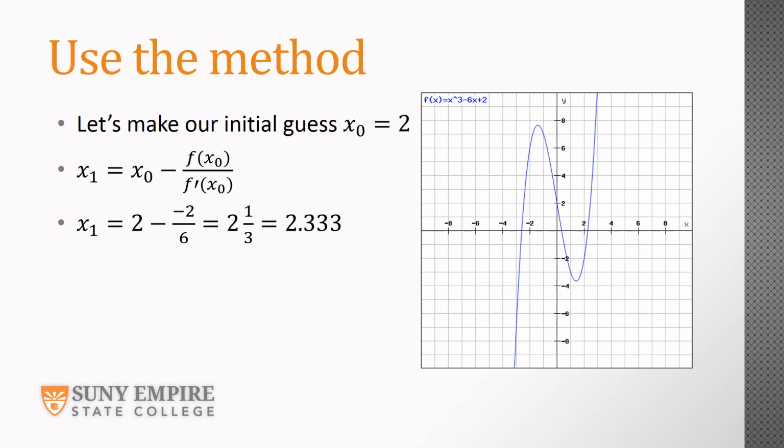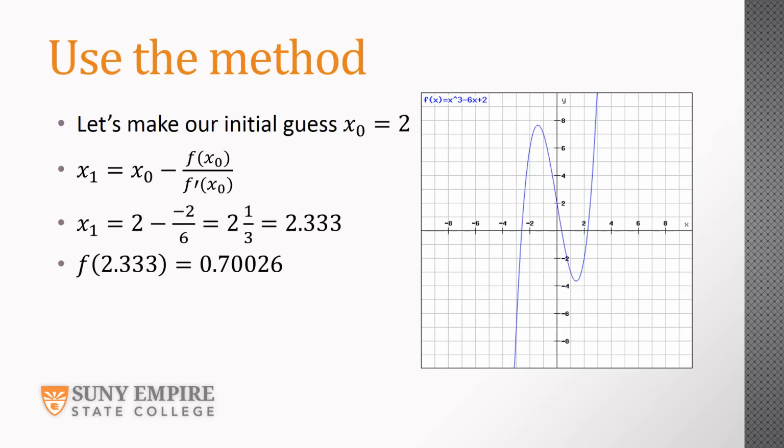Plugging in our initial guess of 2 into the function and its derivative, we get negative 2 and 6, respectively. Our improved guess will be 2 minus negative 2 divided by 6, which is exactly 2 and 1/3. This is approximately equal to 2.333.